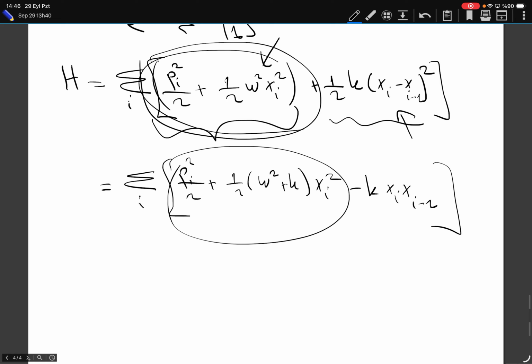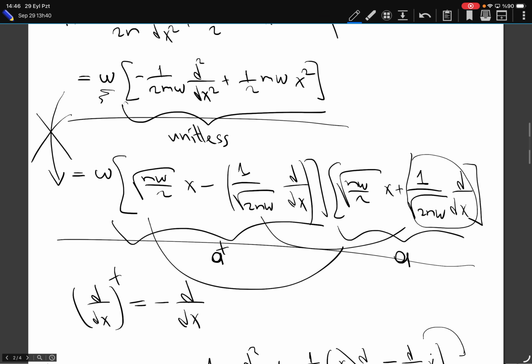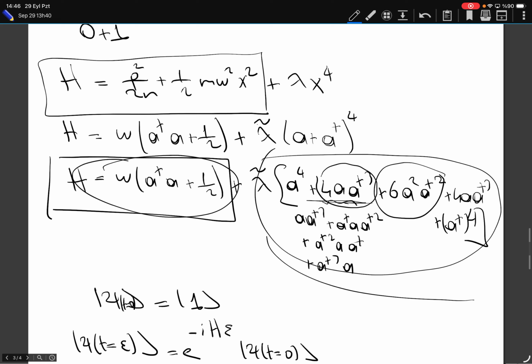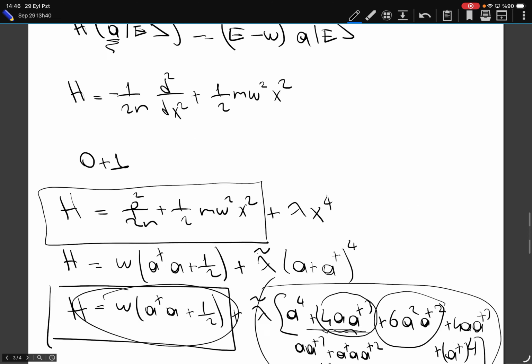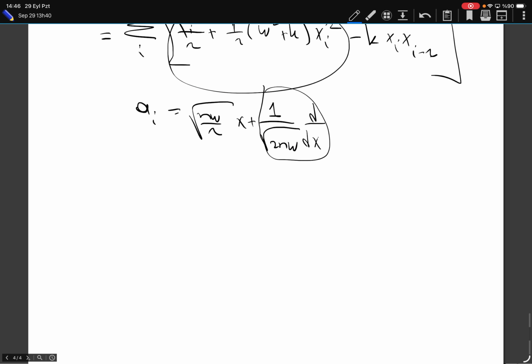So I will have a_i, basically using these definitions over here. It's just the x and the p of the i-th oscillator.